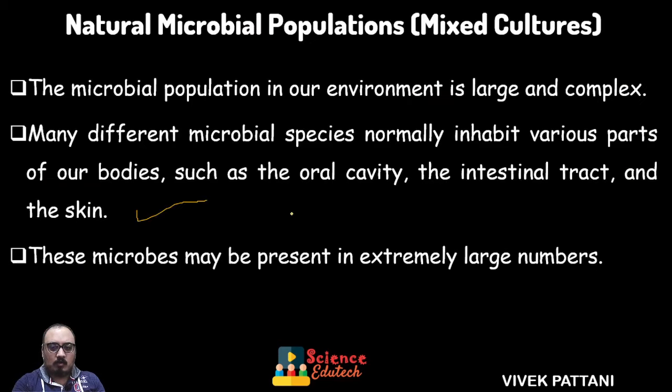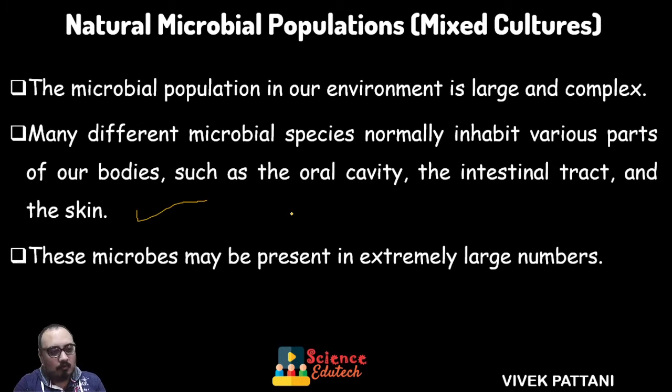The study of microorganisms in these habitats requires knowledge of the specific microbes which are present in them. So in order to study this, we need to grow these populations, and we need to isolate them to study each one of them. If we need to study the mixed population also, there needs to be a specific selective method. That's all we are going to study.